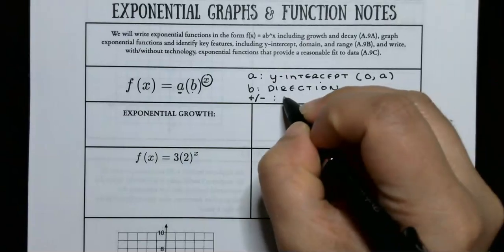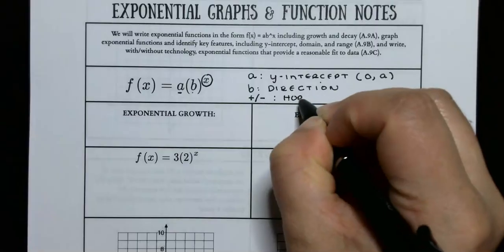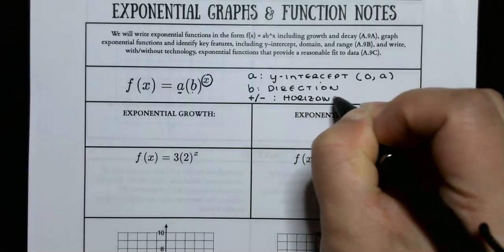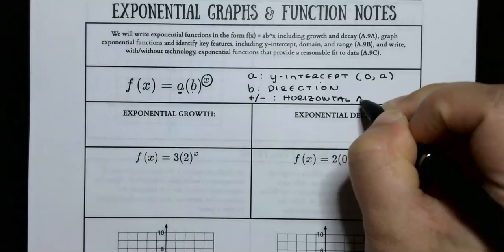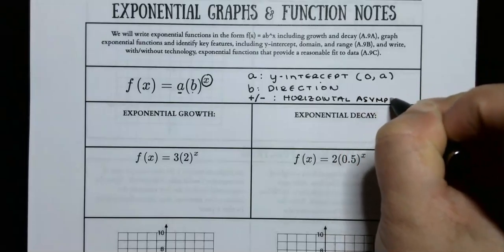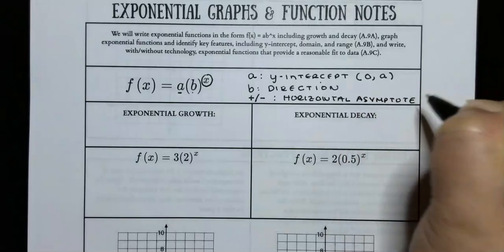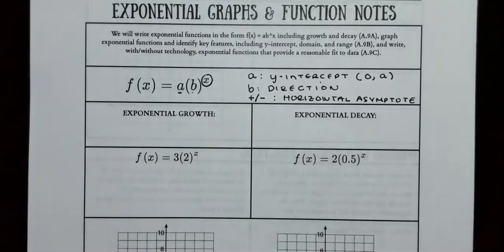That number at the end is actually a horizontal asymptote. So keep in mind, if we ever talked about this in class before, that this is an invisible line that your graph will never cross or touch. So it kind of guides us on how this graph kind of, as it gets closer to this horizontal line. And we'll look at it on a graph so it makes a little bit more sense.